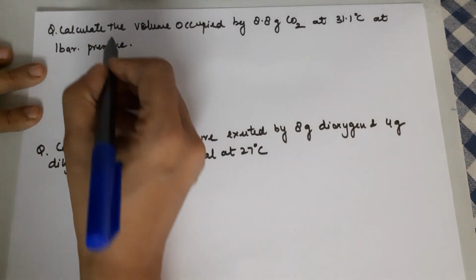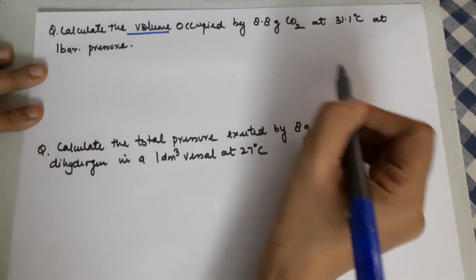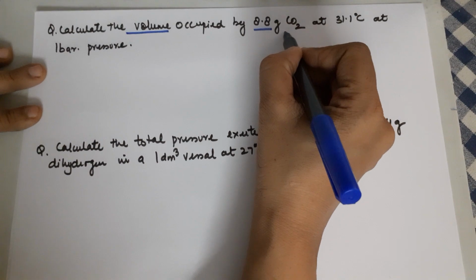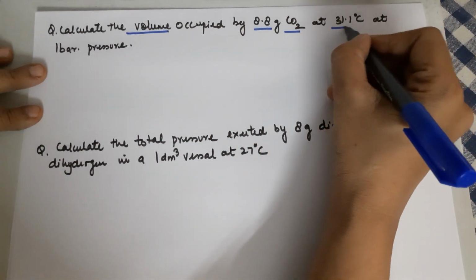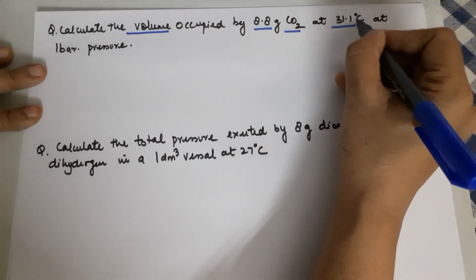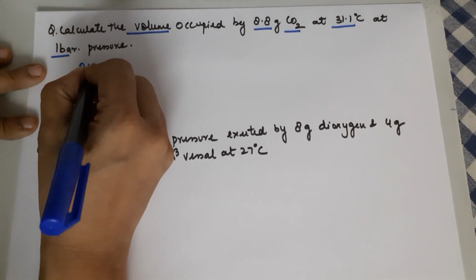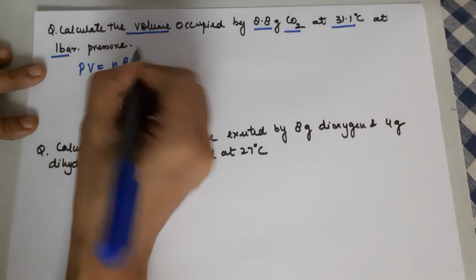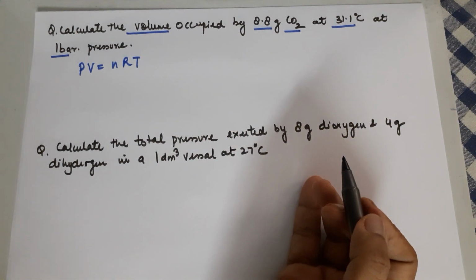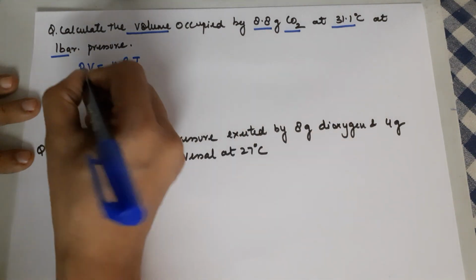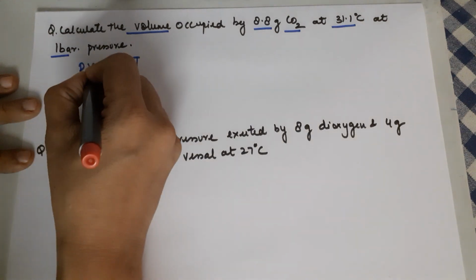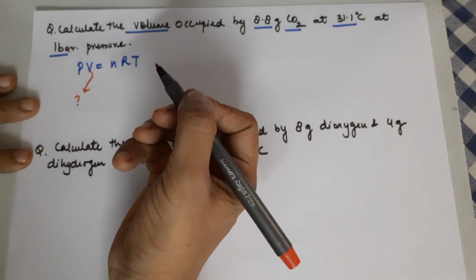The next question says, you have to calculate the volume occupied by 8.8 grams of CO2 gas at 31.1 degrees C. Please convert it into Kelvin at 1 bar pressure. As I already said, PV is equal to nRT. Now out of this, you need to calculate the volume. So you do not know the volume which is to be calculated.